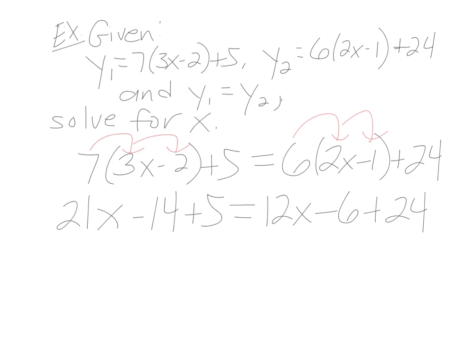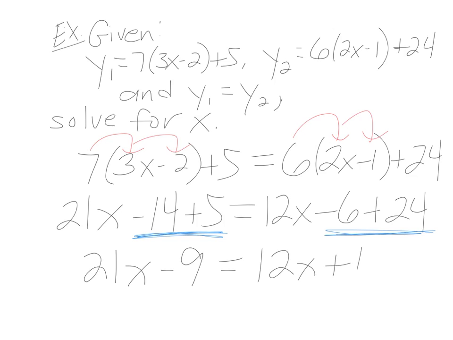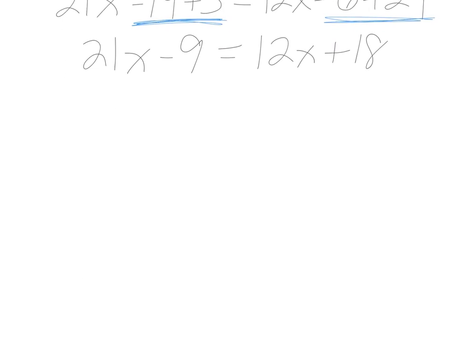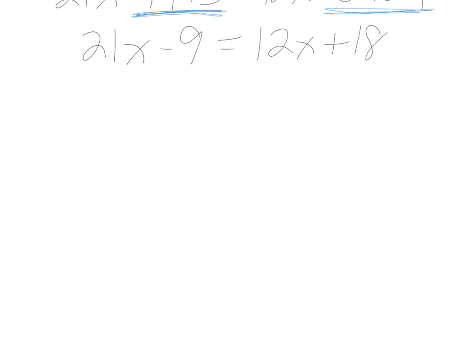On the left side, I can combine negative 14 plus 5, which would be negative 9. On the right side, I can combine negative 6 plus 24, which is 18. Now let's get our x's together.